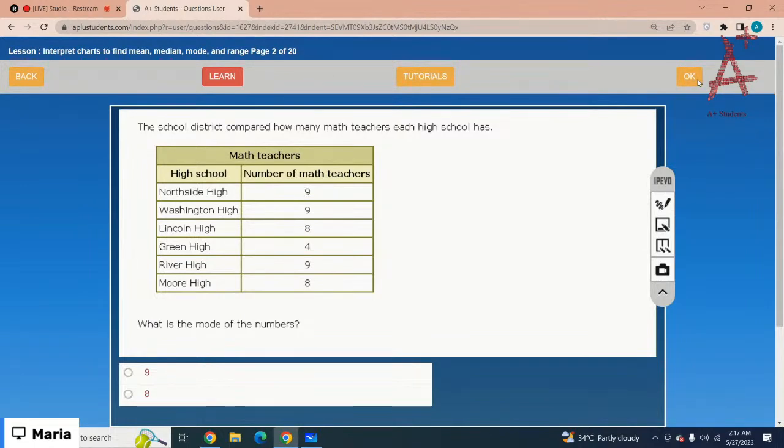Okay, the school district compared how many math teachers each high school has. So you are given the table, what is the mode of the numbers?